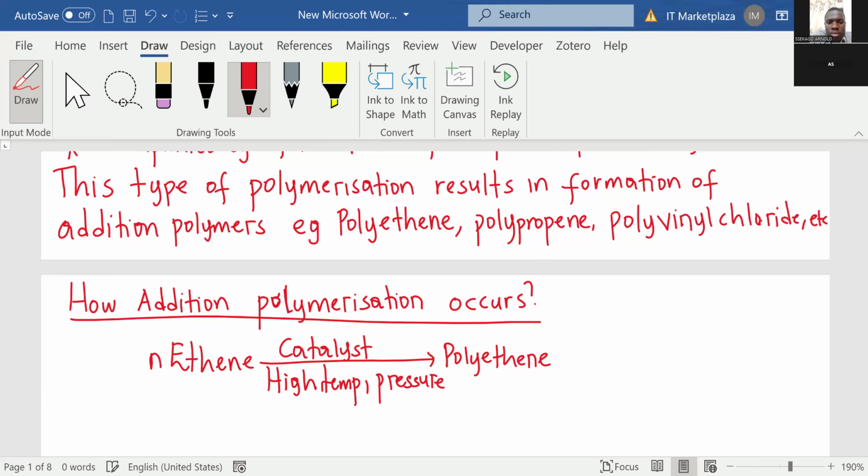So n can represent how many moles of ethene have been combined to form polyethylene. This is the same thing as having n CH2=CH2 in the presence of a suitable catalyst, high temperature and pressure.